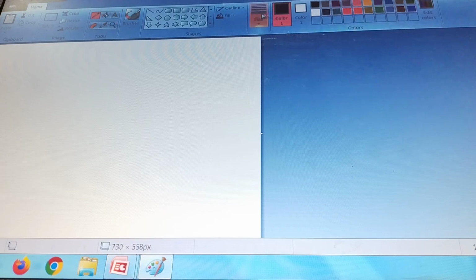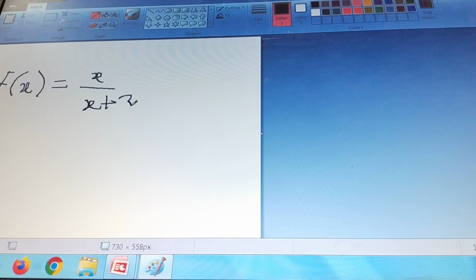Here we will see one example, that is my previous task. Our function is f of x is equal to x upon x plus 3.